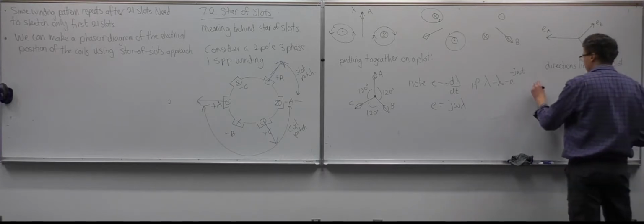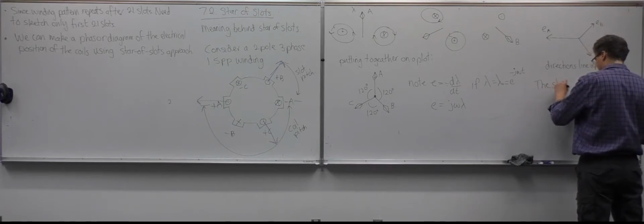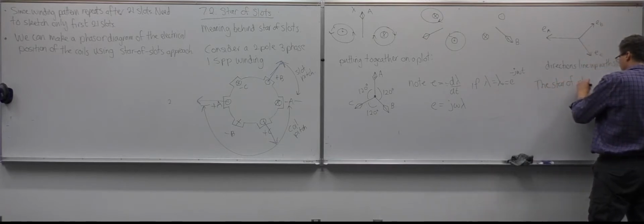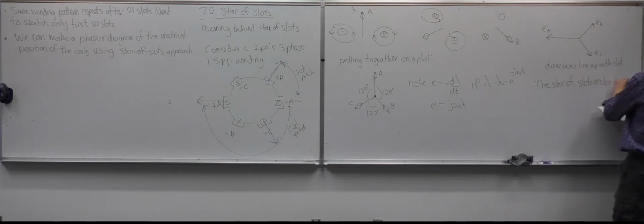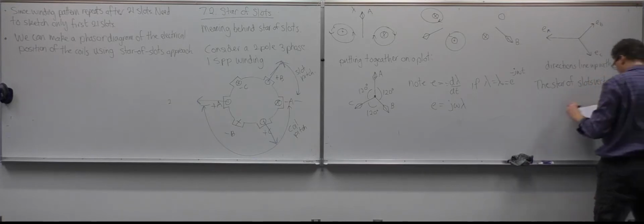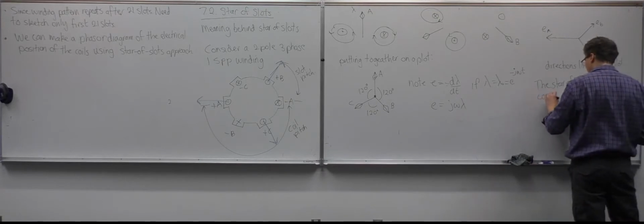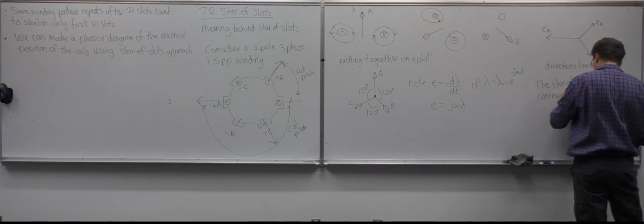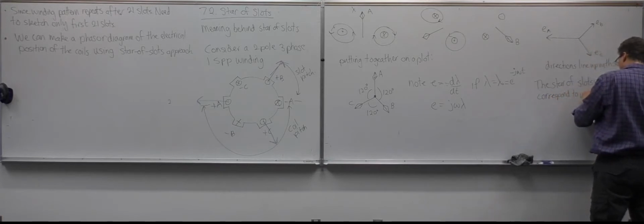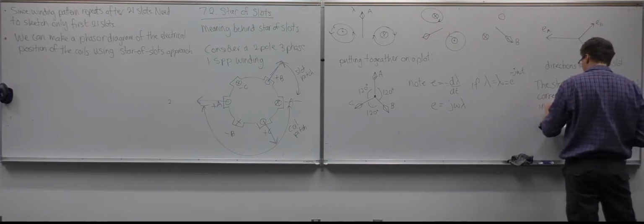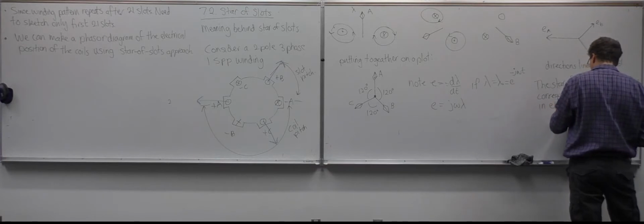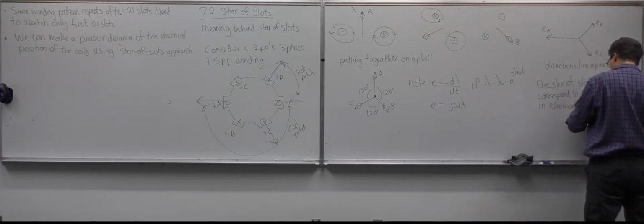So the star of slots vector directions correspond to winding position in the electrical frame.